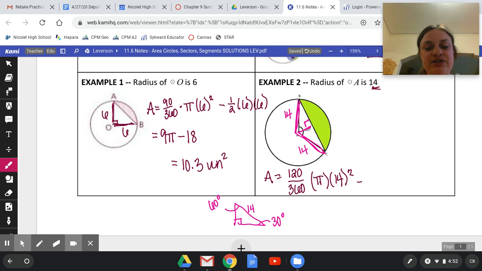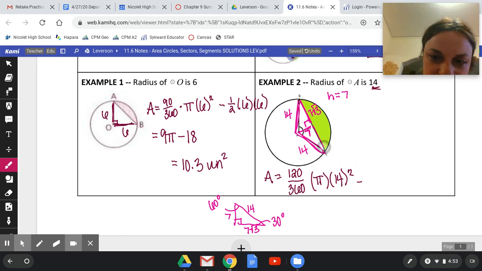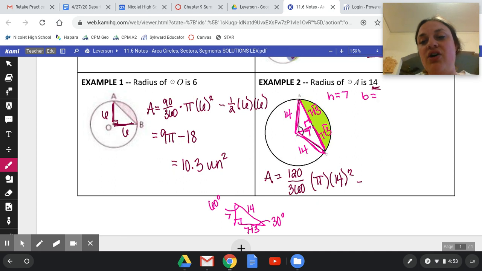My short side is 7, and then this long side would be 7 root 3. So the height of the triangle is equal to 7, and the base of one of those triangles is 7 root 3. The base of another one of those triangles is also 7 root 3, which means that my base of that triangle is 14 root 3.